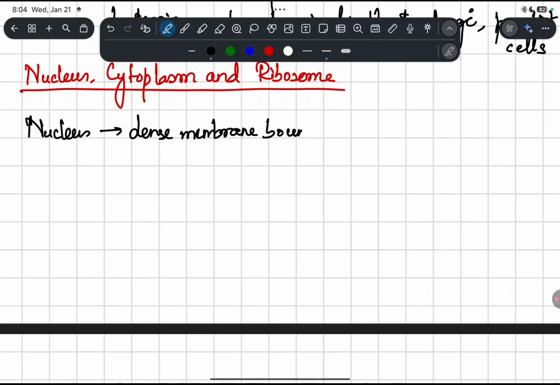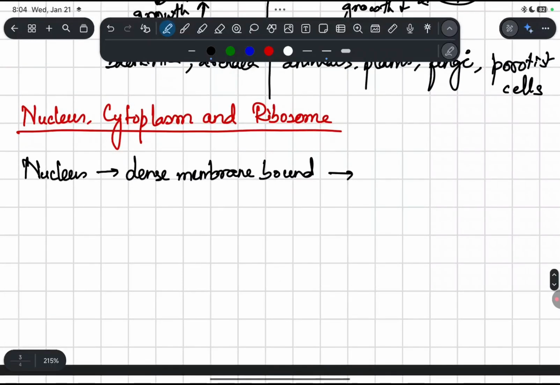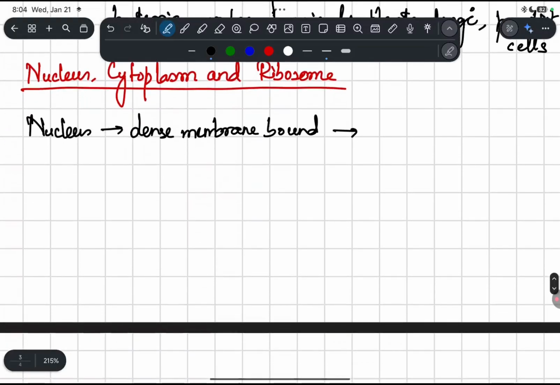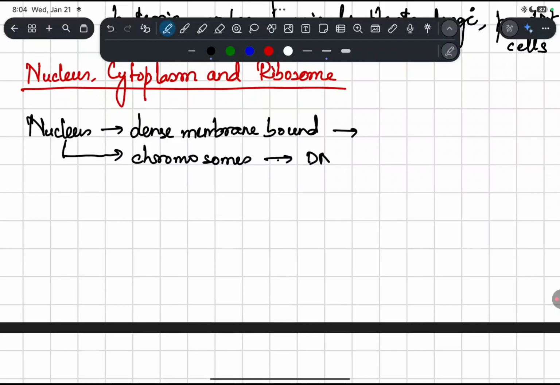And as I said, in prokaryotes that membrane is not present. The DNA material floats randomly. Inside the nucleus we have chromosomes, and inside chromosomes there is DNA and RNA, right?